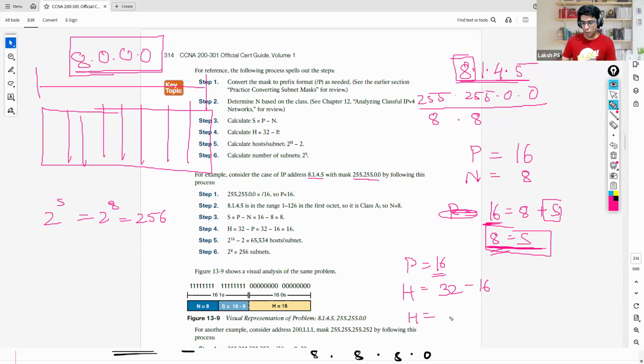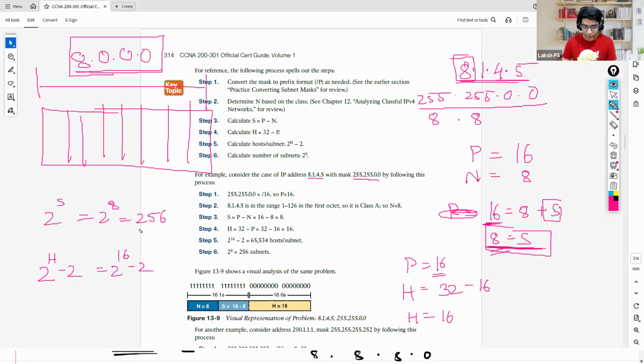So the host bits, or the number of zeros, will be 16. And how many hosts can we have? That is calculated as 2 power H minus 2. So it is basically 2 power 16 minus 2 hosts that can be present.